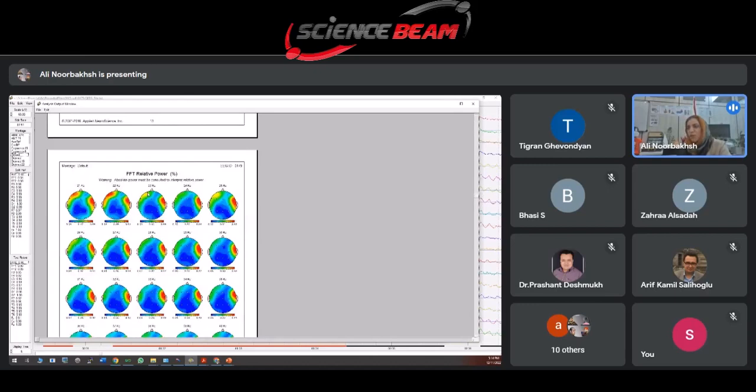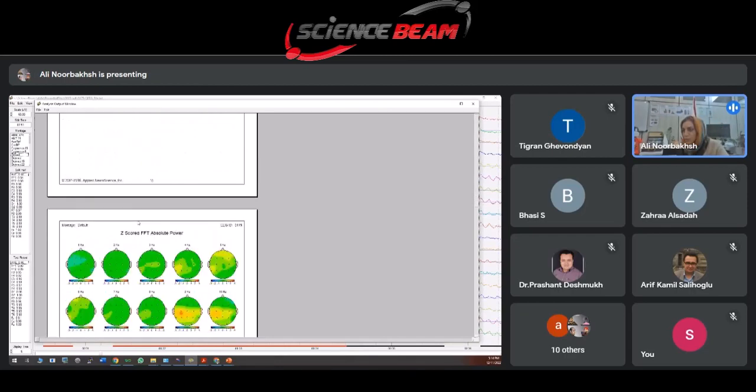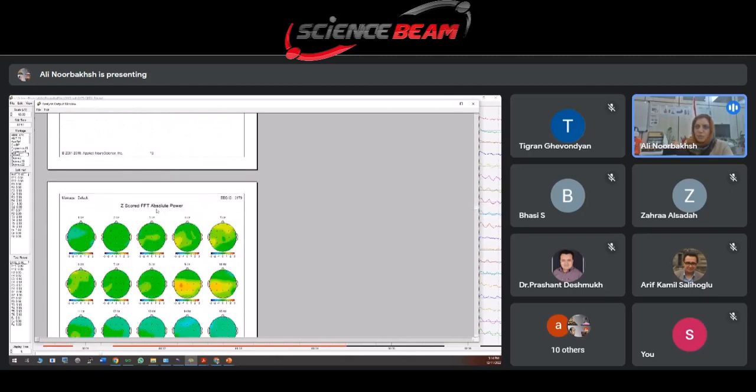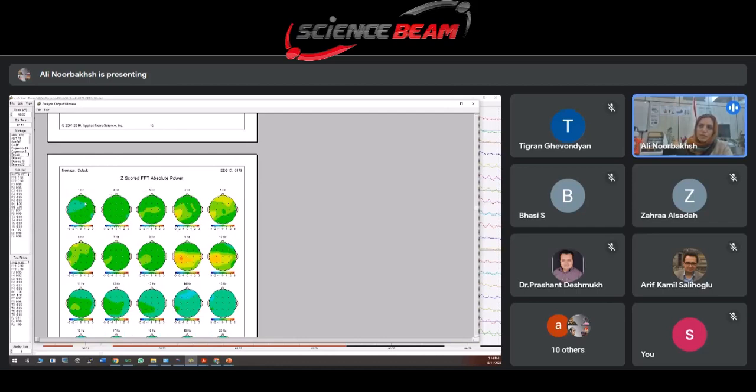Again, this data belongs to the client, not compared with the database. In this page, you can see the detail of the frequency. 1 Hertz, 2 Hertz, 3 Hertz, and 4 Hertz mean delta.